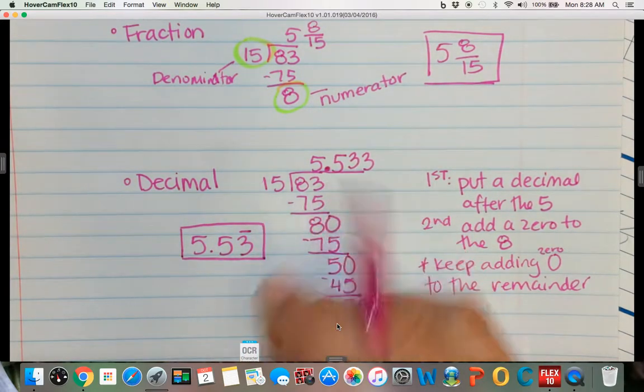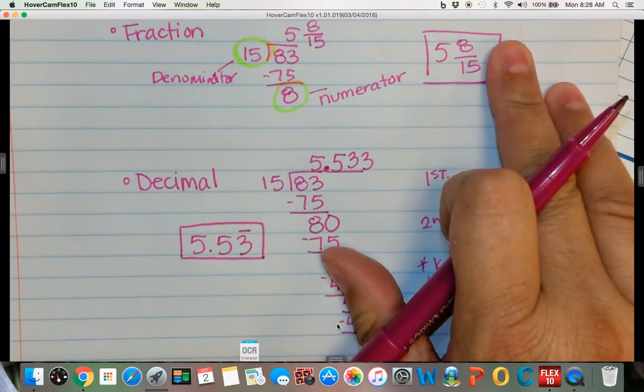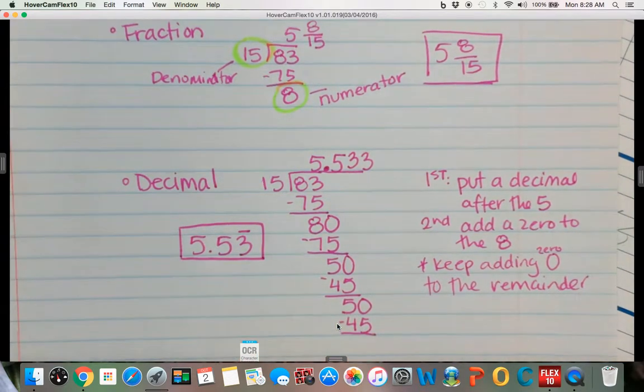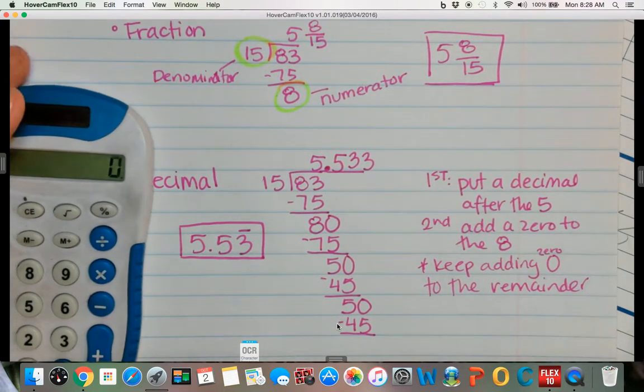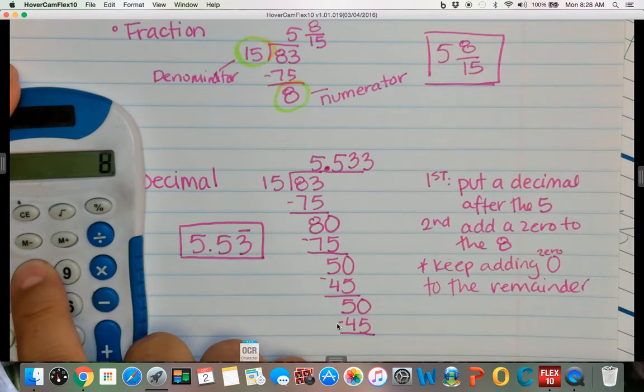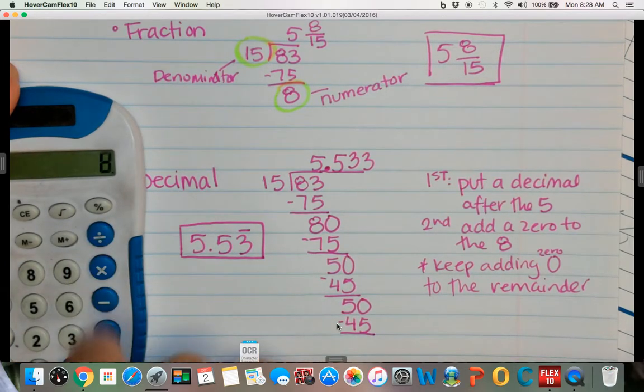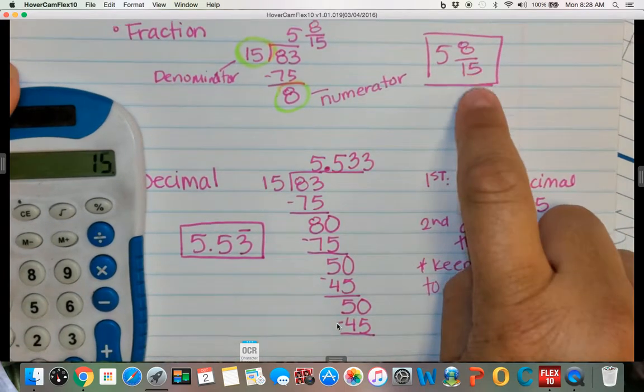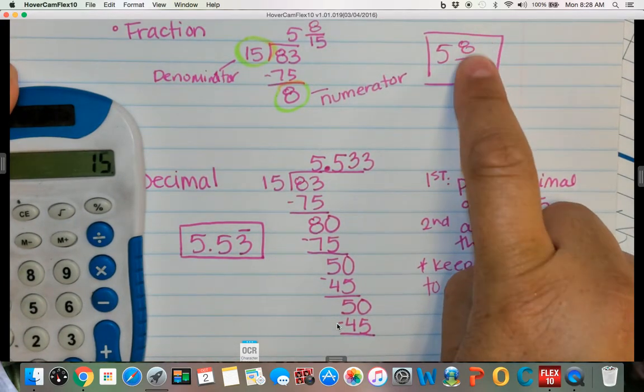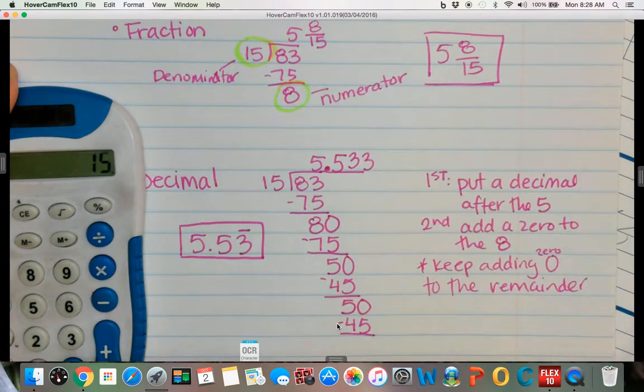And what you should notice is that 8/15ths should be the same as 0.53 repeating. And let's take a look at our calculator to make sure that that is true. So what I will do is I will say 8 divided by 15, because remember, that can also be a division sentence.